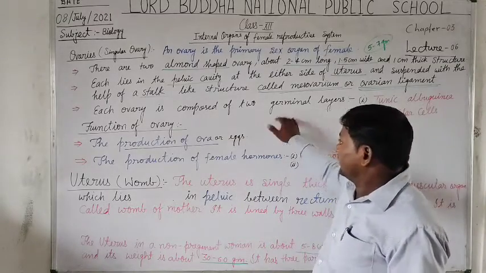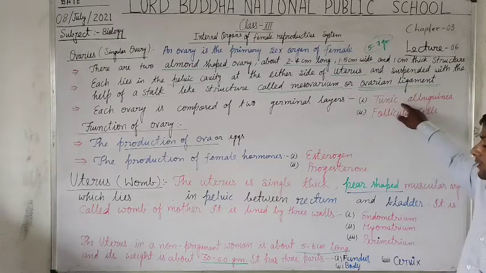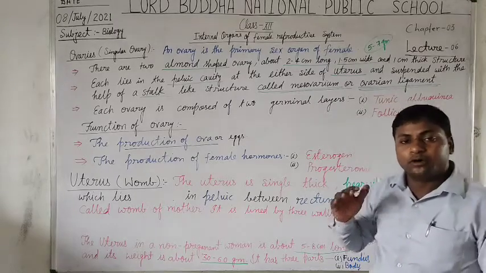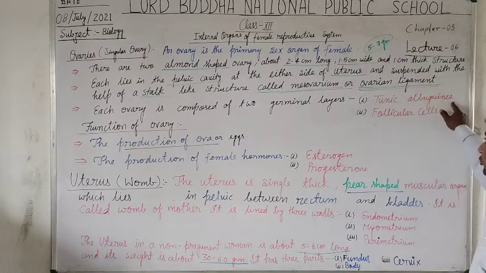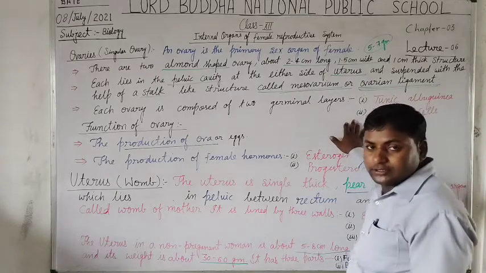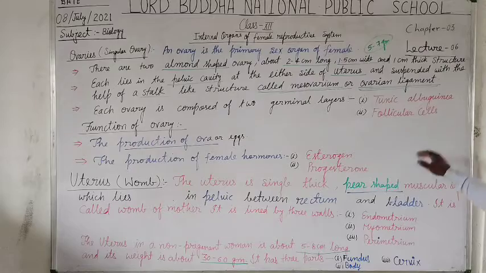So here there are two germinal layers. The outer germinal layer forms the peripheral part, that is the tunica albuginea. And students, the innermost massive part is the follicular cells.